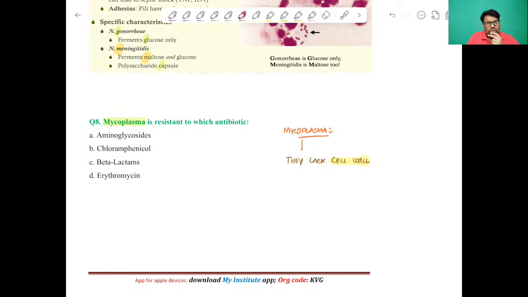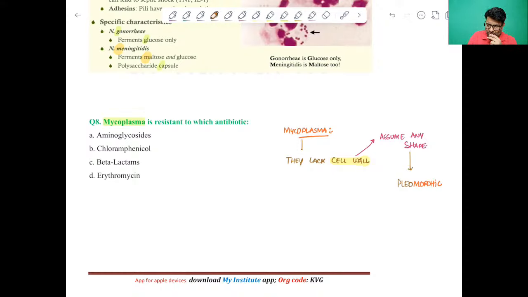So there are two important points which can be related to this fact. Number one, since they don't have a cell wall, so they can assume any shape. Clear? So they can assume any shape, and therefore we call them pleomorphic. Pleo means multiple. So multiple forms.